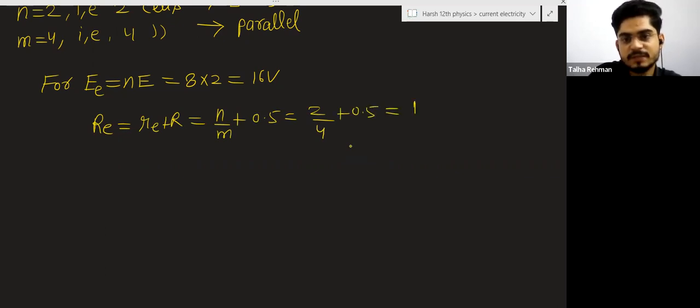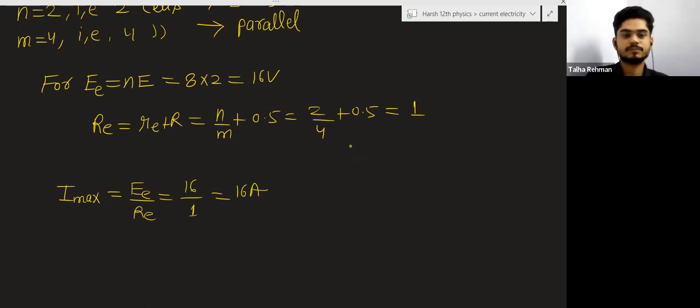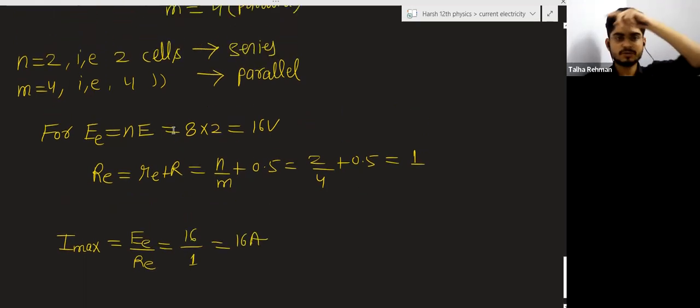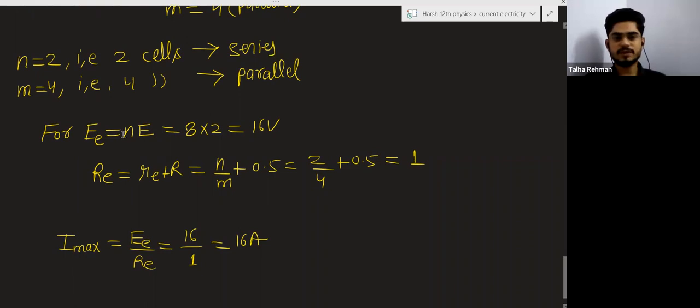You will get this as 1. So for maximum current, you can write EE divided by RE. What is EE? E is 16. RE is 1. So maximum current will be 16 ampere. Is it right or wrong?